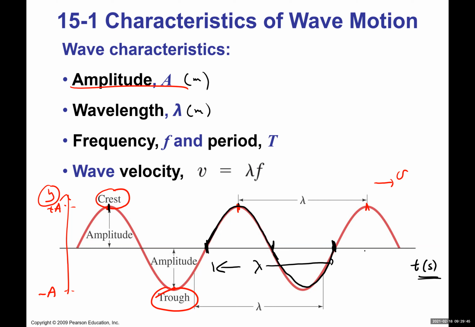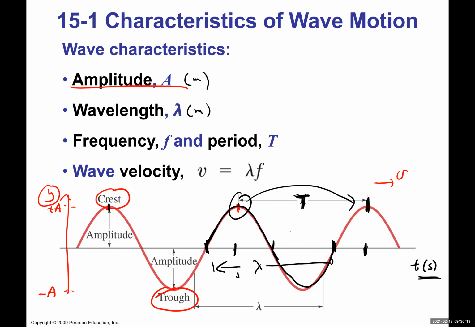So, for example, I choose a point here as my point of interest. Then I have this crest over here, right? And since this wave is moving to the right, I want to see how long it will take for this crest to travel from here to there. And that is known as one period of time.